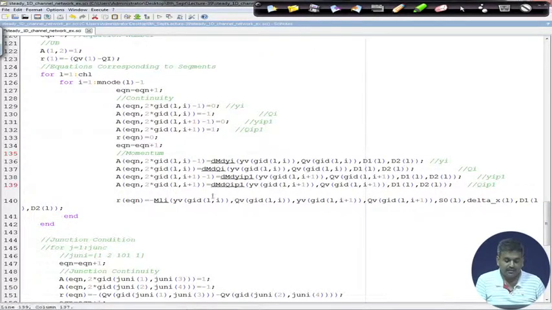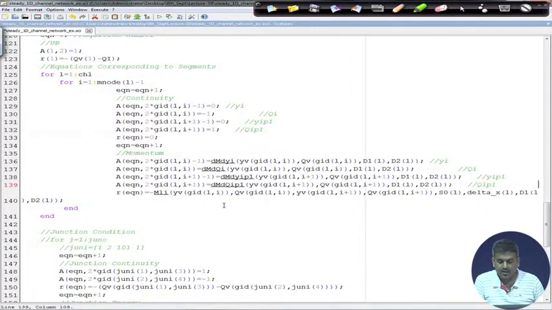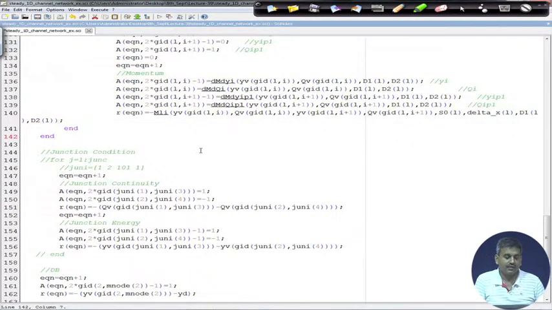Now with this we can calculate our thing. Next thing is we need to specify certain junction conditions.